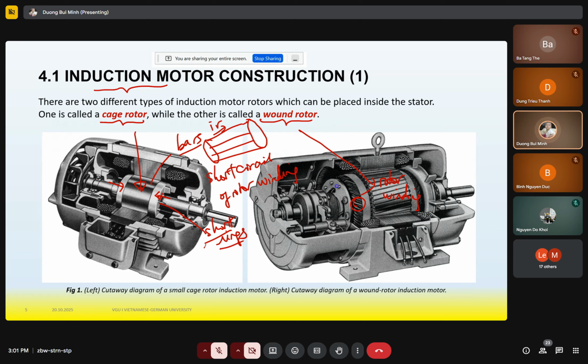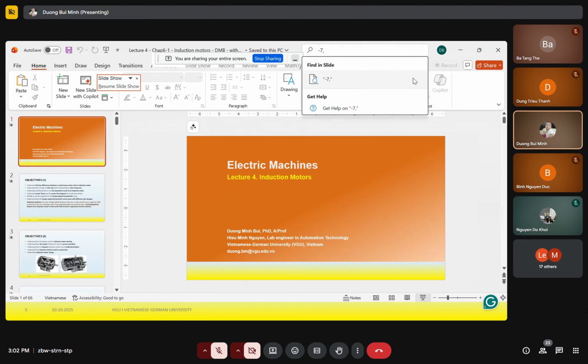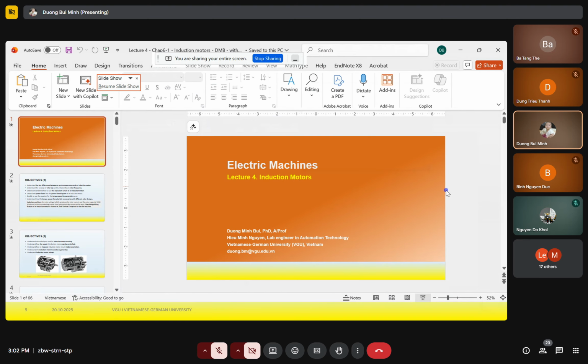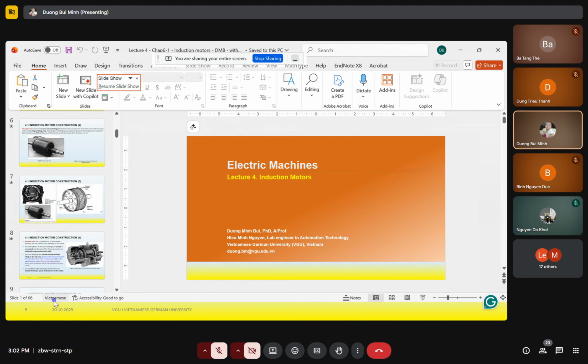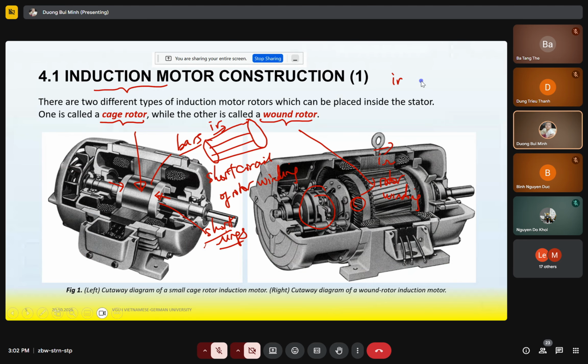And here, this is the wound rotor, so we need to make a short circuit here, and we also get IR. Why? Because if we know IR, we can generate BR, the rotor magnetic field.